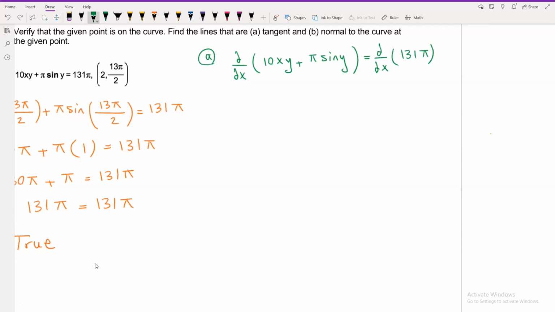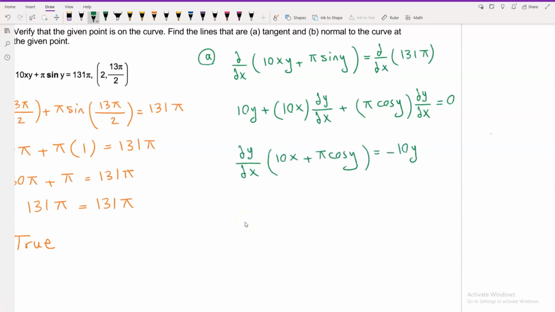Part A, to find the line that is tangent to the curve at 2 comma 13 pi divided by 2, find the slope. So first step, differentiate both sides, and then substitute the point into the derivative. Here the derivative of 10xy is 10y plus 10x times dy divided by dx, and the derivative of pi sine y is pi cosine y times dy divided by dx, equal to the derivative of 131 pi, which is 0.